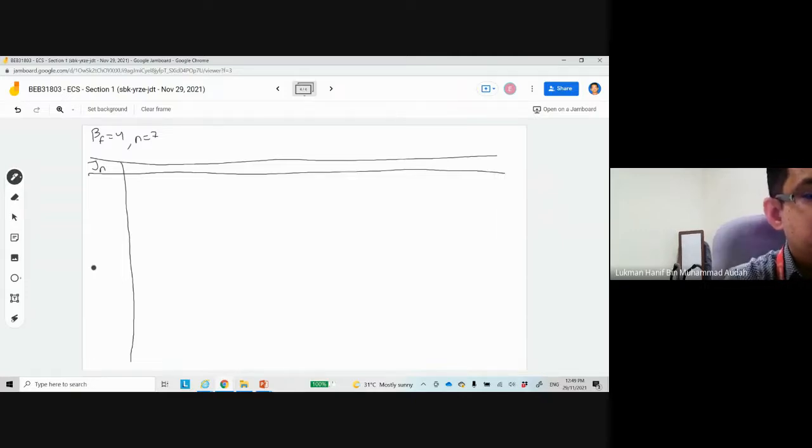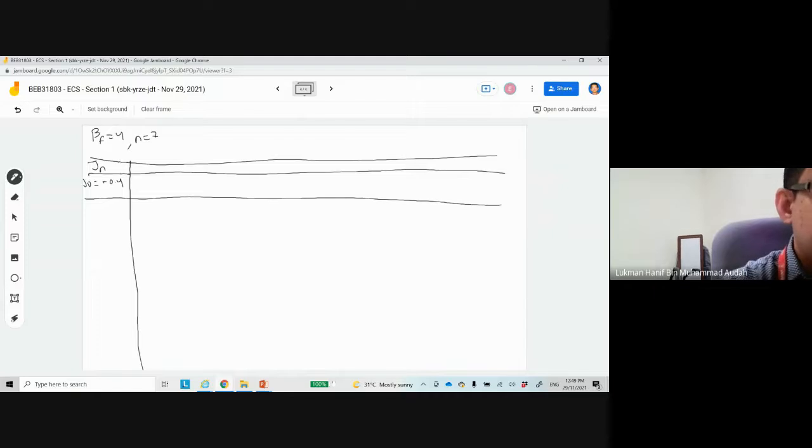So J0 is equal to minus 0.4. J1 is equal to minus 0.07. Ini kalau cuba lihat table, minus 0.07.